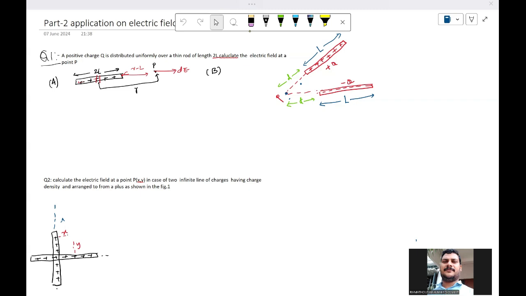So this is the given question. There is a rod of positive charge Q and length 2L. The charge is uniformly distributed. At the point P, at a distance R from the center of this rod, the point is given.